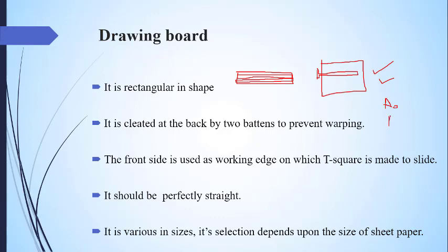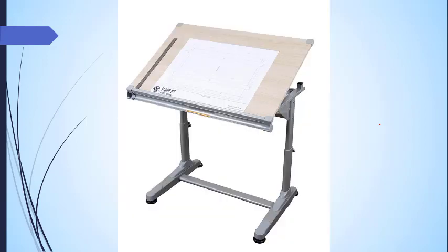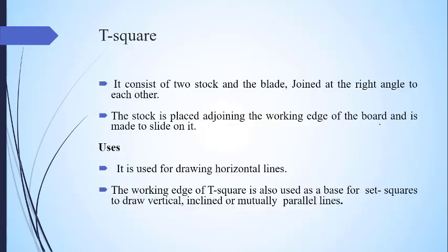Or if you are using A4, then which drawing board will you prefer? So the drawing board depends upon the drawing paper or drawing sheet sizes. And this is a common drawing board which is used for drawing purposes.